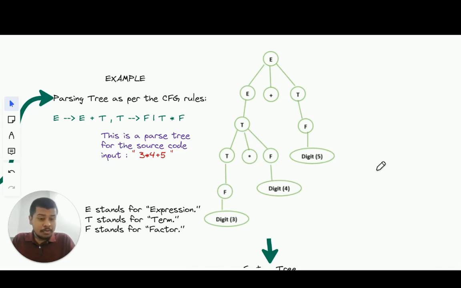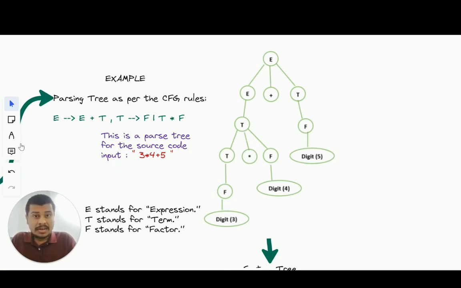Another example could be 3 on the above side, then you could have 4 here, and you could have 5 at the last, at the deeper leaf node. So this becomes a different parse tree for the same string. You can clearly see that for a single statement, there could be multiple parse trees, right? So this is the ambiguity of parsing.